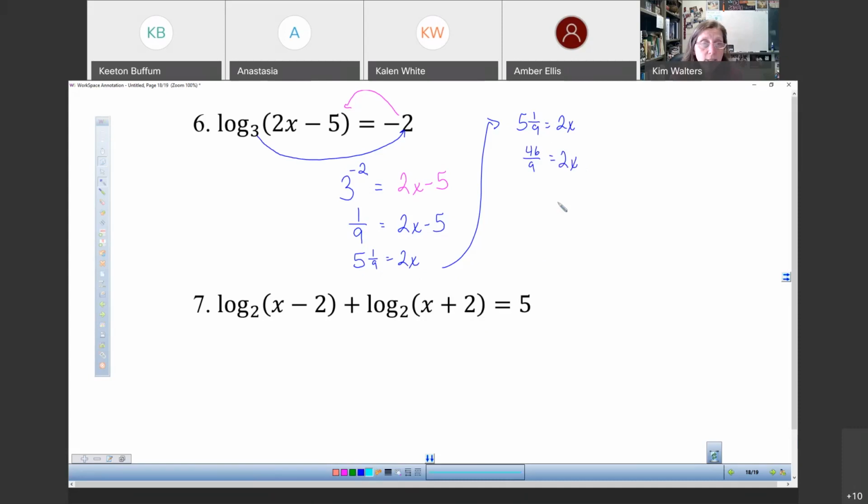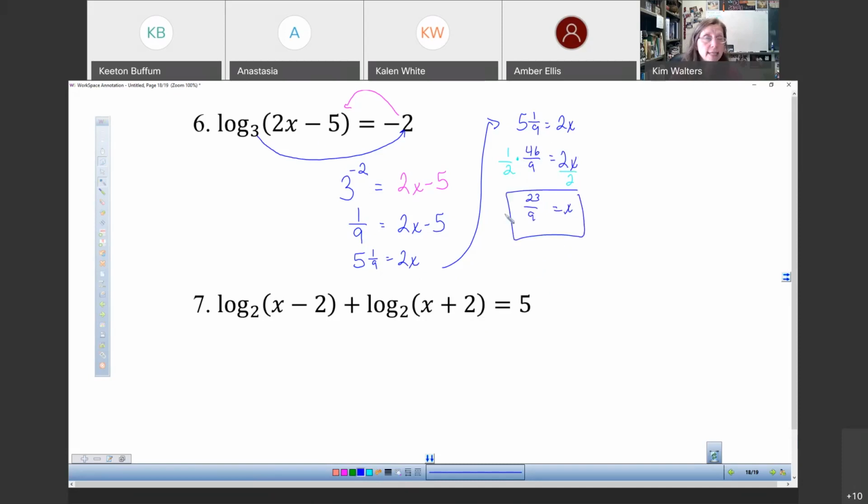If I divide both sides by 2, that's the same thing as multiplying this side by 1/2. And that's going to simplify to 23 over 9. And that is my final answer.